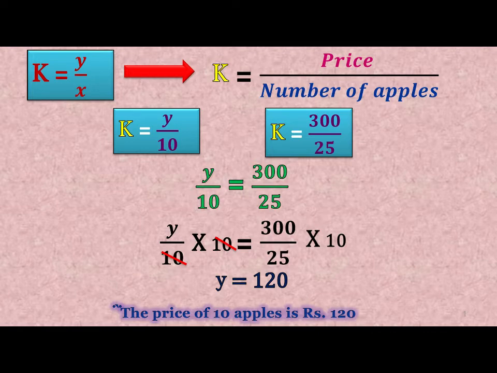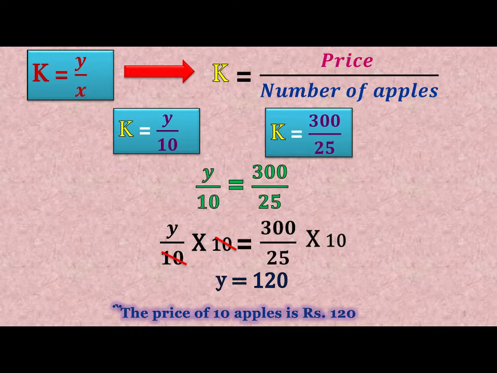The same constant value is coming. We can see that either side should be equal. Y over 10 must be equal to this constant value. Y over 10 equals 300 over 25. Both the values equal the same constant value.